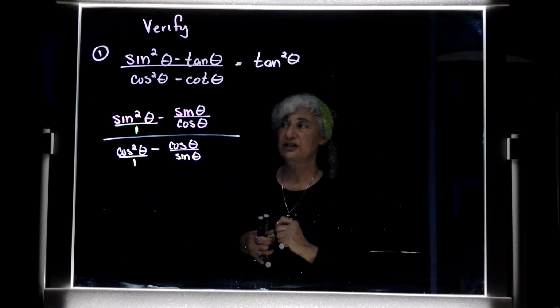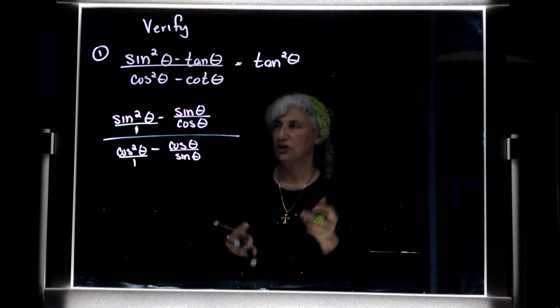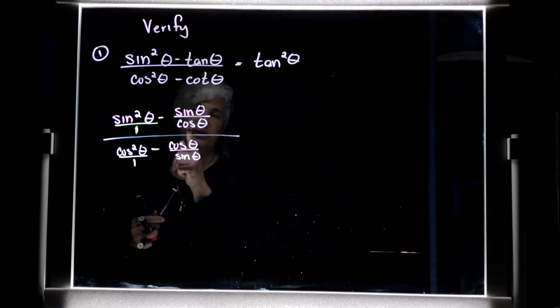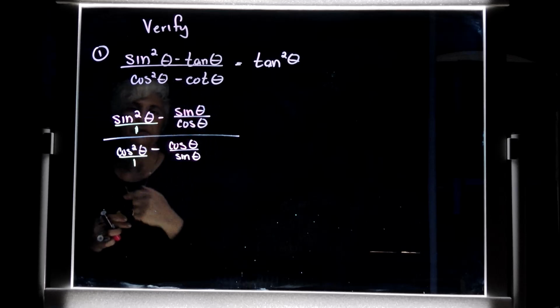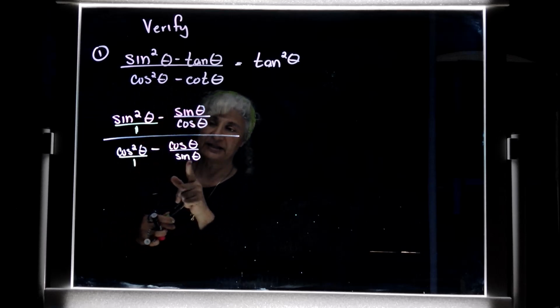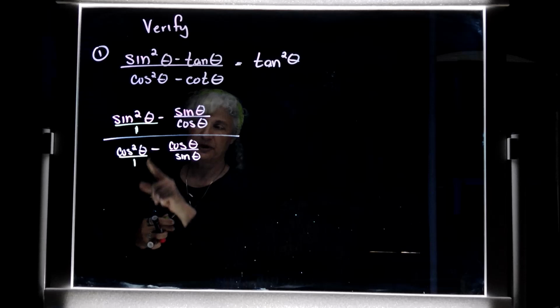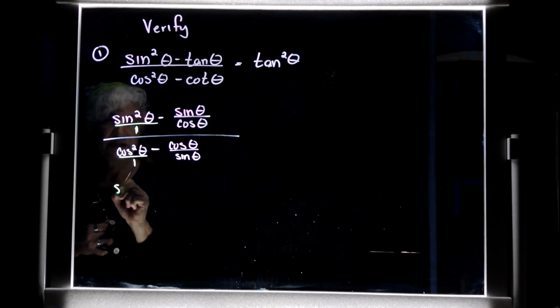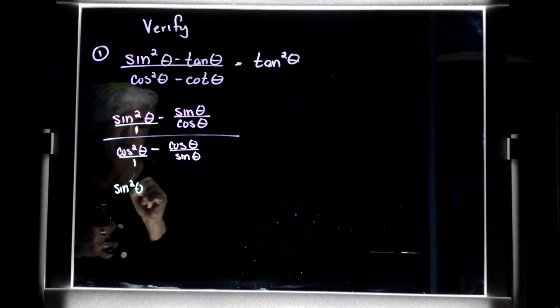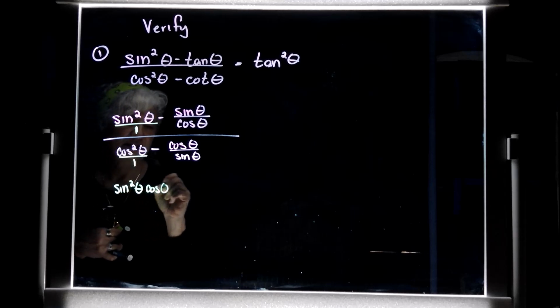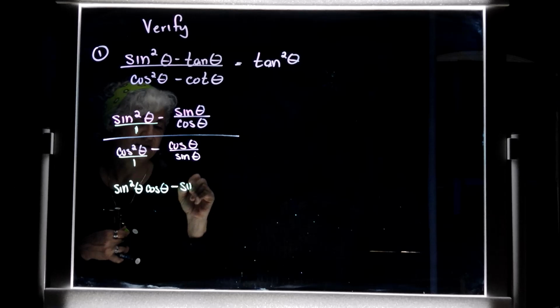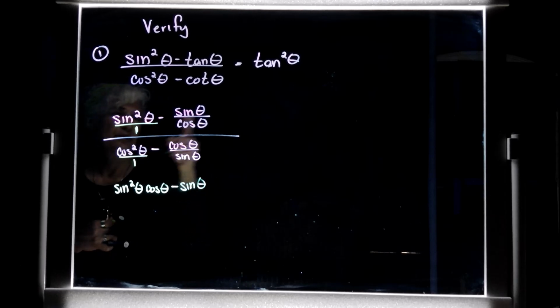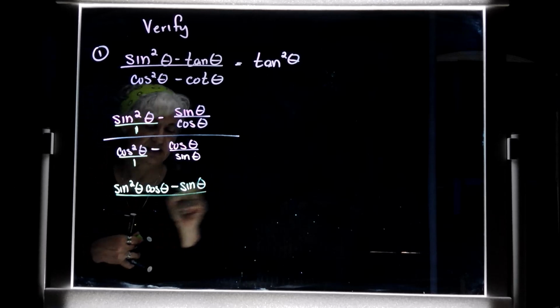And to subtract fractions, you need to have a common denominator. So in the numerator, multiply top and bottom by cosine. And in the denominator, top and bottom by sine. So take it slow. I've got sine squared theta times cosine of theta minus sine of theta, right? Because I can write the numerator as one big fraction now.